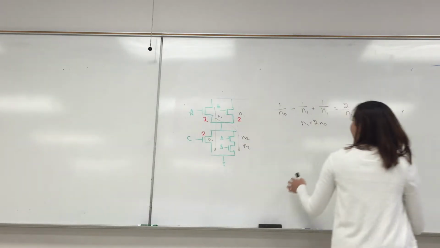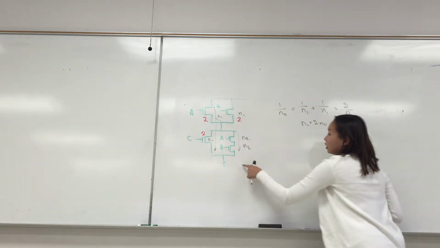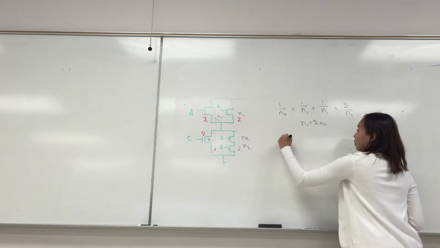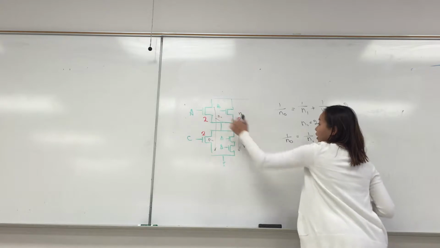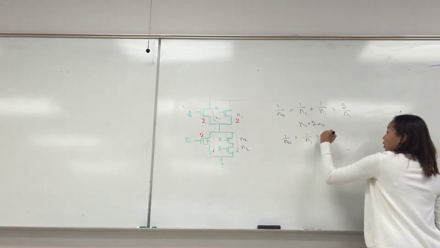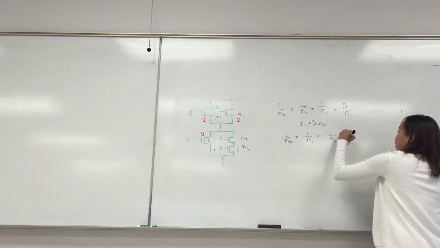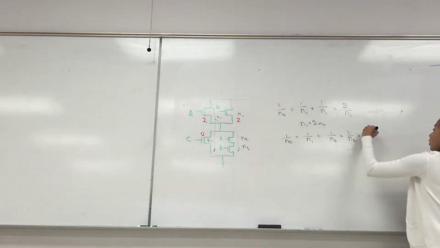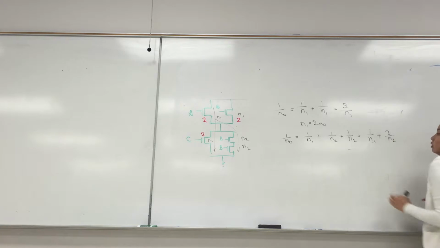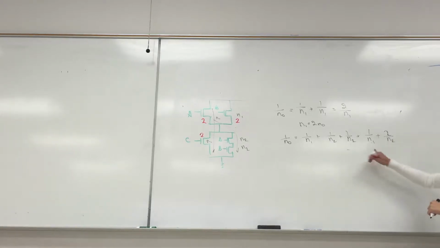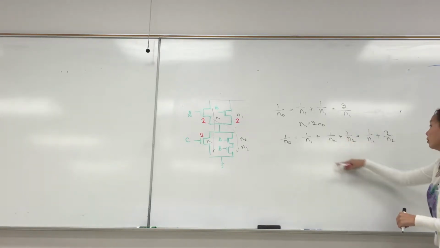Second path, now we're going to do, going through these 2 transistor A and B, it's going to be 1 over N0 equals 1 over N1, which is this first A, plus 1 over N2 plus 1 over N2. Combining like terms, I have 1 over N1 plus 2 over N2. All right, we know what N1 is because we just solved for it.